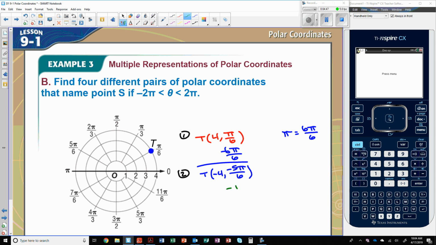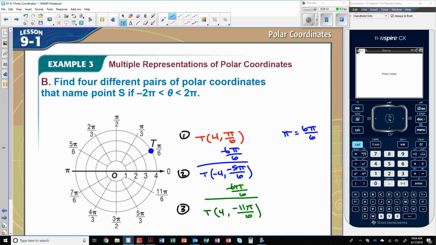I'm going to subtract 6 pi over 6. And we'll get that the negative 4 changes to a positive 4. Negative 5 pi over 6 minus 6 pi over 6 is negative 11 pi over 6. This is our third point.